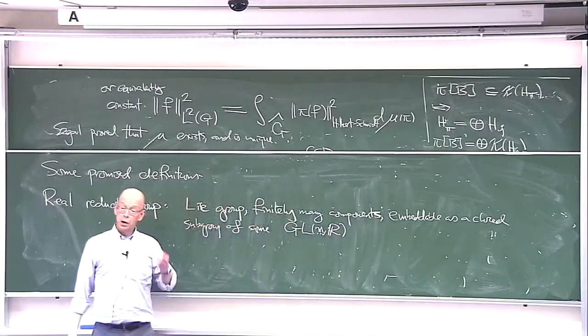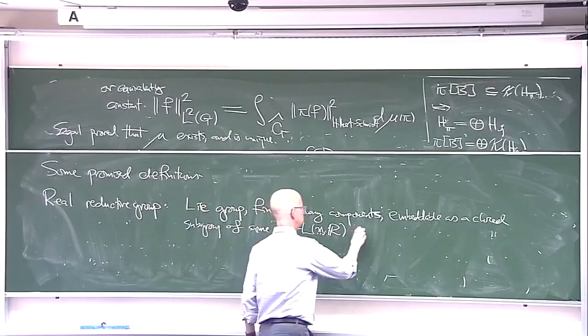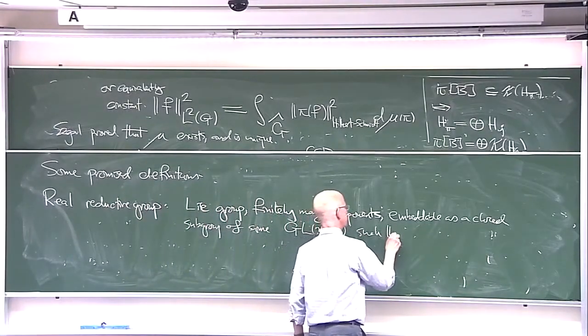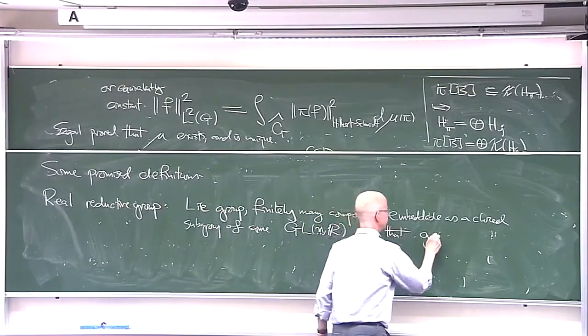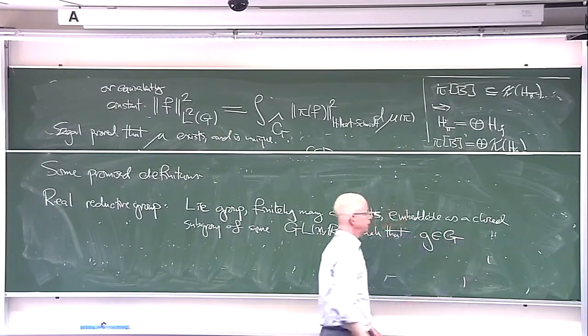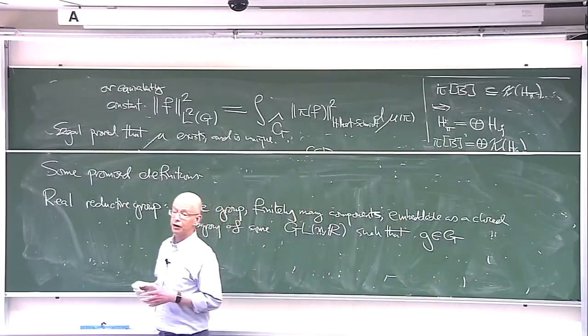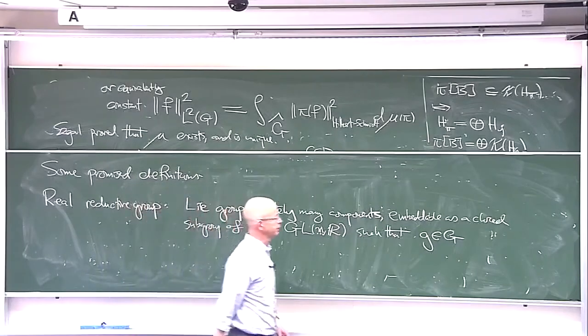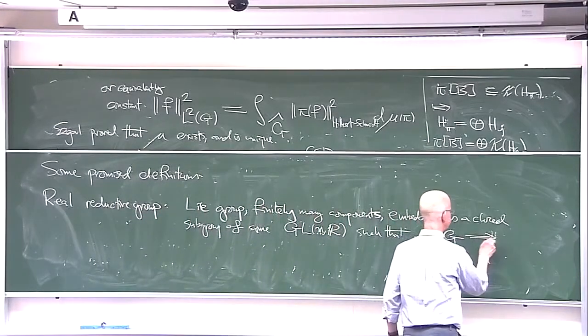Not done yet. There's one key condition. The key condition is that these subgroups of matrices are what's called symmetric: if g is in the group, then so is the transpose.